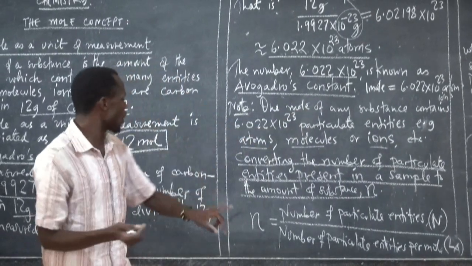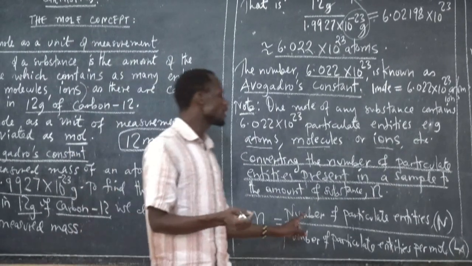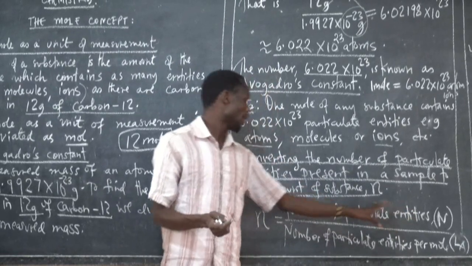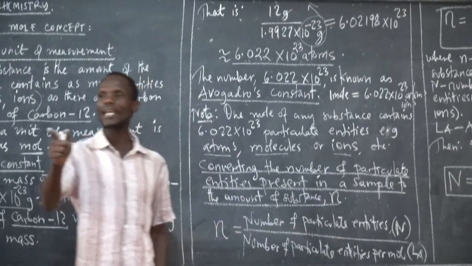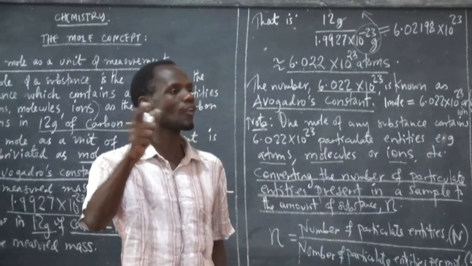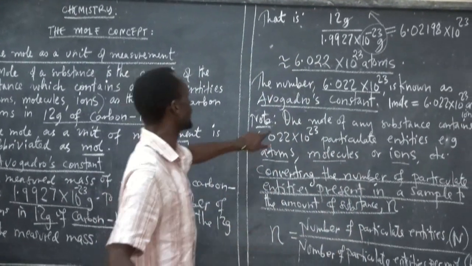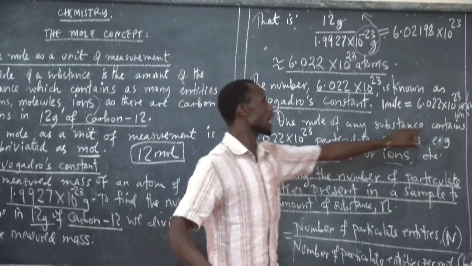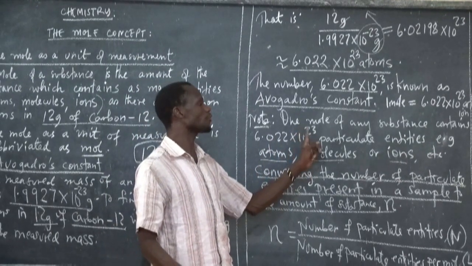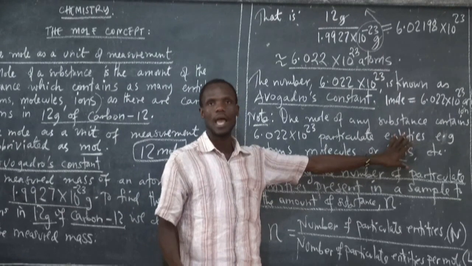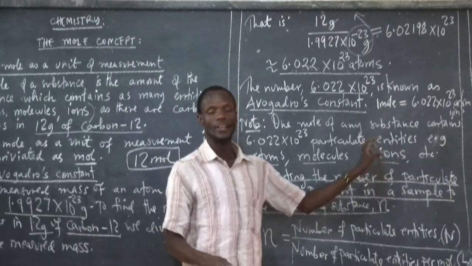And it is simple, because the number of moles, that is the amount of the substance, is equal to the number of particulate entities over the number of particulate entities per mole. In chemistry language, the number of particulate entities per mole is called Avogadro's constant. Remember, 1 mole of any substance contains 6.022 times 10 power 23 particulate entities, and those particulate entities may be atoms, molecules, or ions.